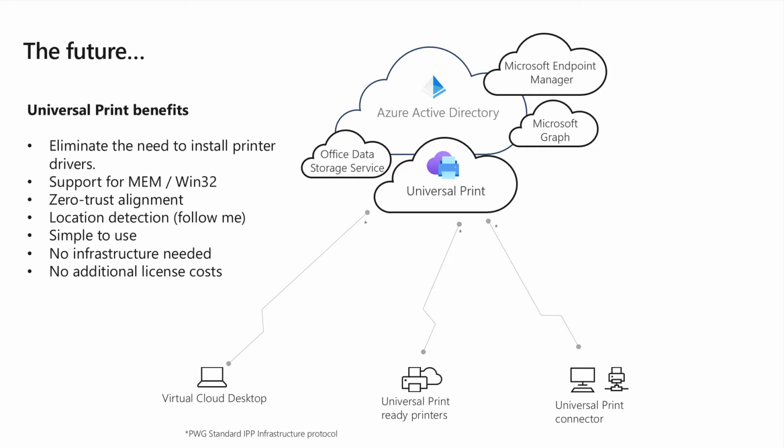As you can see in the high-level architecture picture, you see a couple of components. Everything works in conjunction with Azure Active Directory. That's your main authentication mechanism, and also where you filter your printers. So basically you assign printers based on an Azure Active Directory group, and then you're good to go to assign it to a Windows Virtual Desktop.